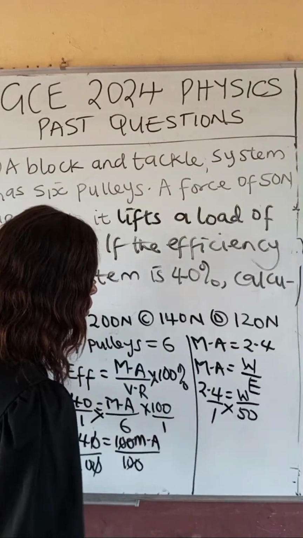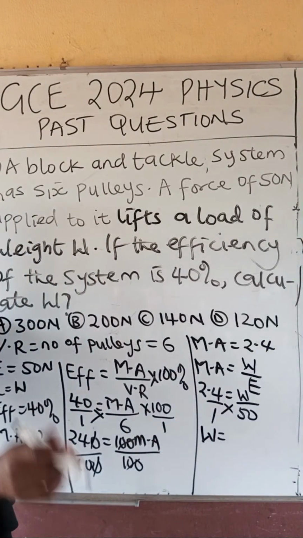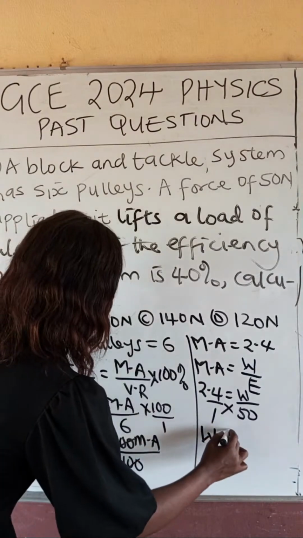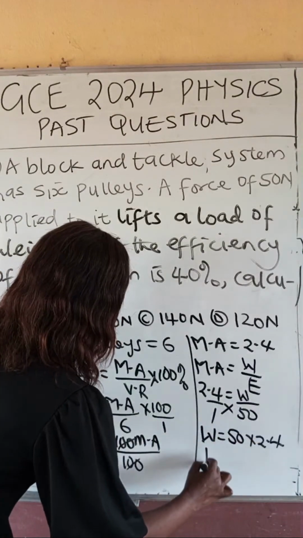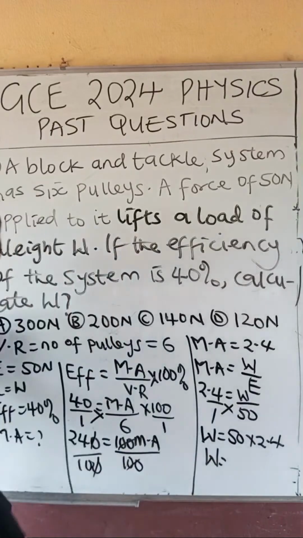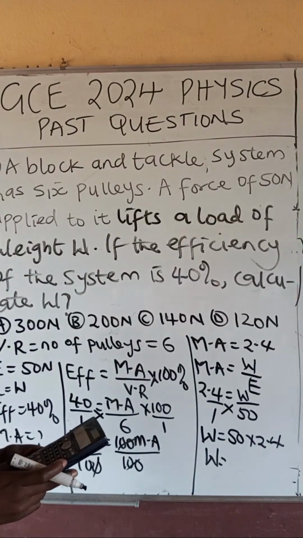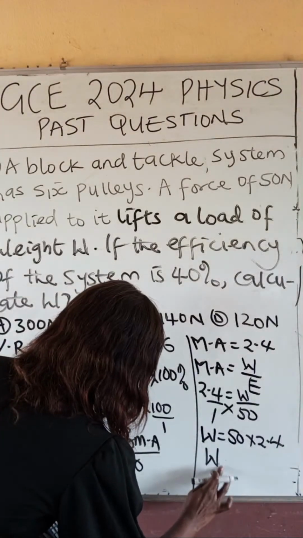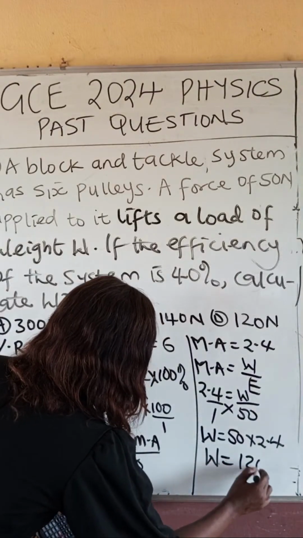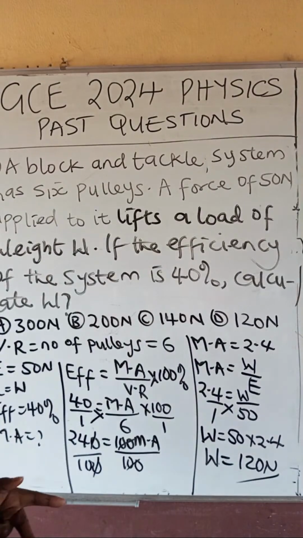Cross multiply: my W, which happens to be my load, is equal to 50 multiplied by 2.4. All right, let's go. 50 multiplied by 2.4. My answer to this question is equal to 120 Newton. Okay?